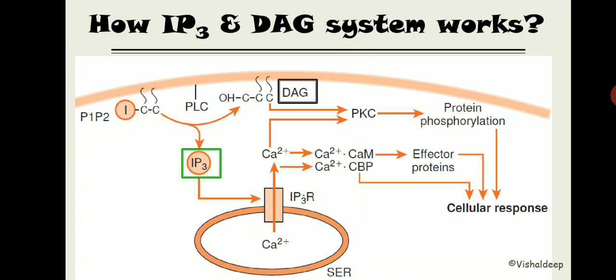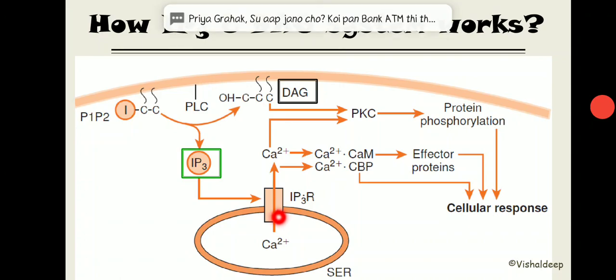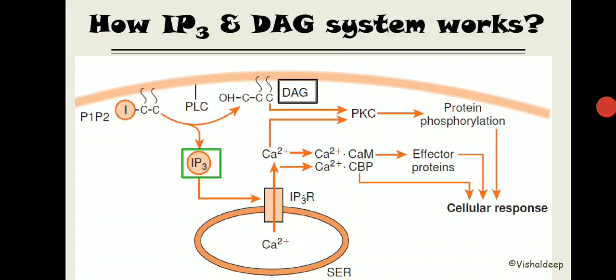Now let's focus on the IP3. This IP3 goes to this round structure, which is the sarcoplasmic reticulum. Once it binds with this receptor, the IP3 receptor, it releases the calcium from the sarcoplasmic reticulum.